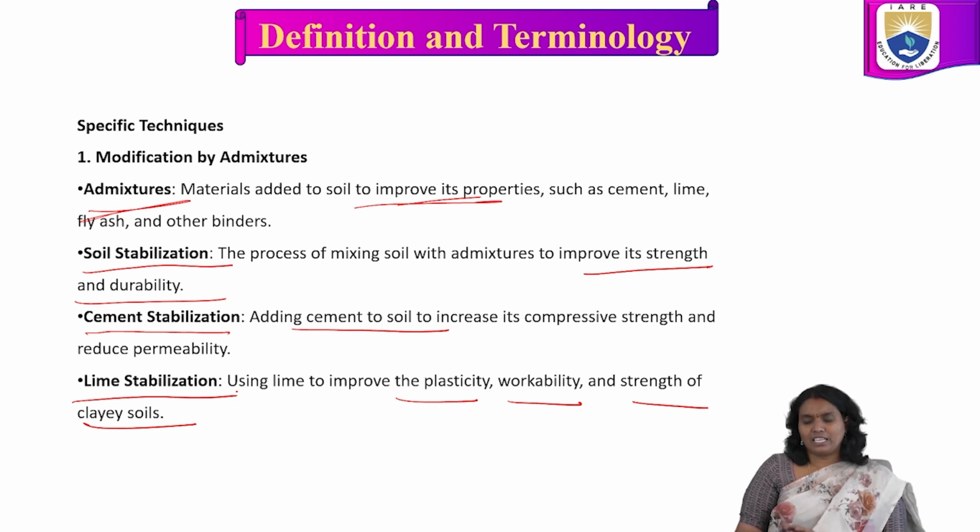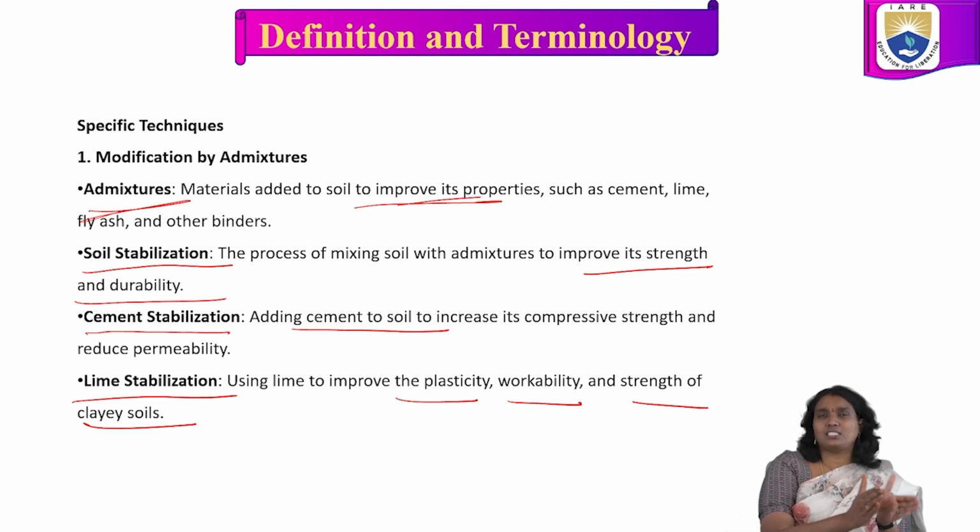In this, we have to understand what properties are going to be modified using these admixtures, what kind of soil is going to react for getting those properties, and which type of admixture is helpful for getting the desired properties.